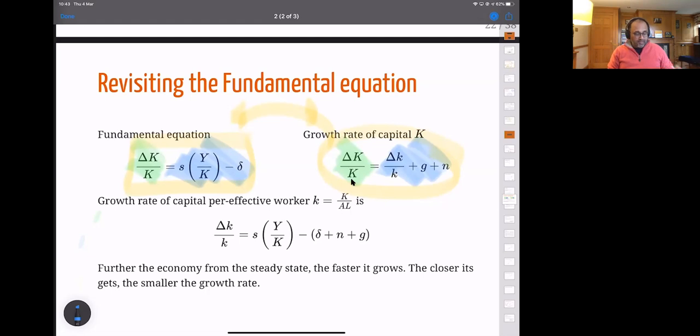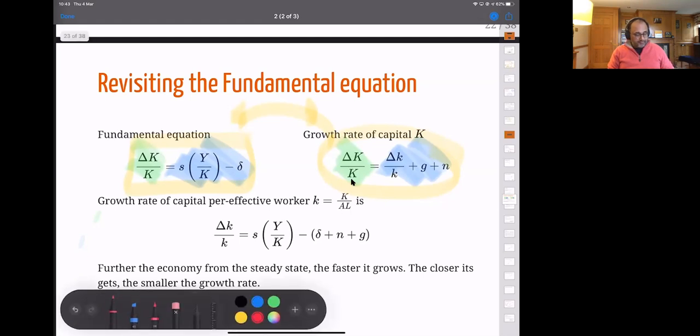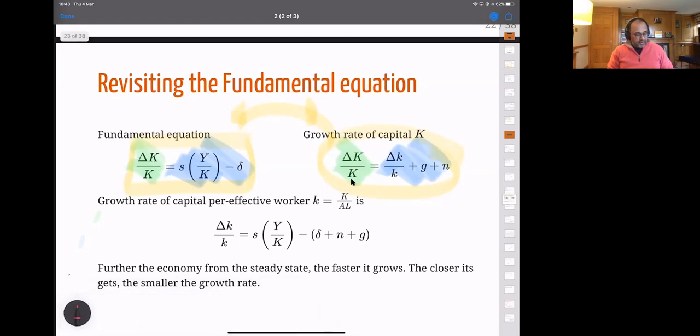And what you get here is simply the growth rate of capital per effective worker is given by s y over K minus a bunch of these variables.